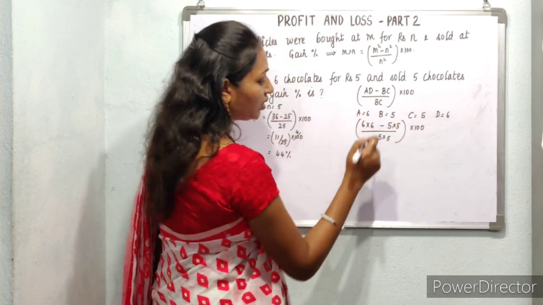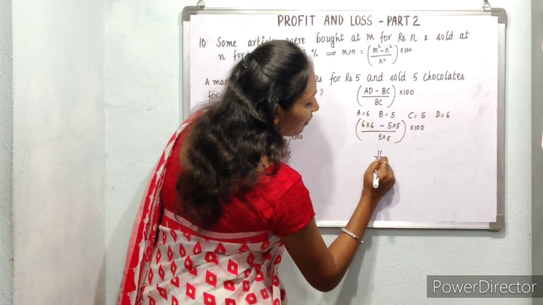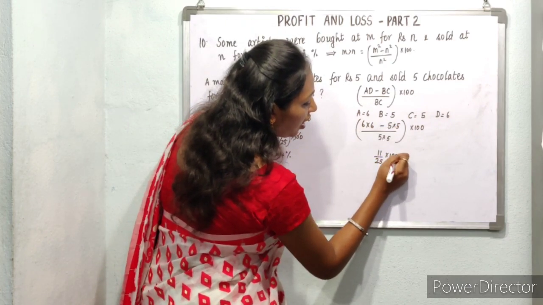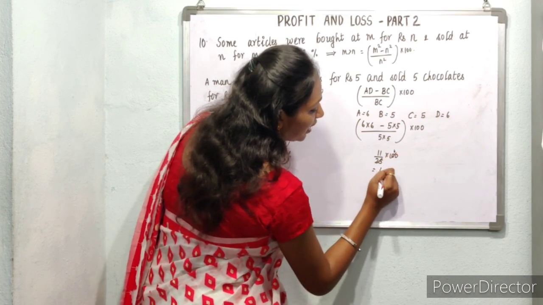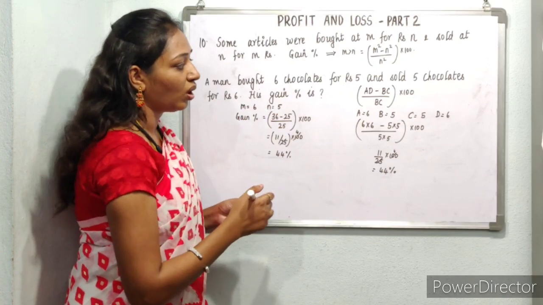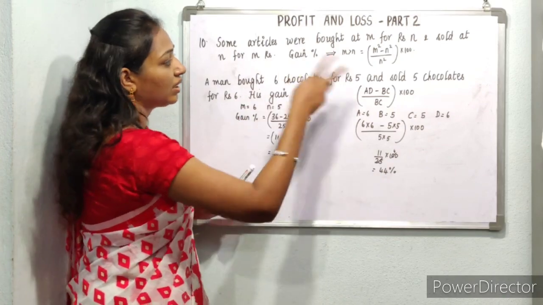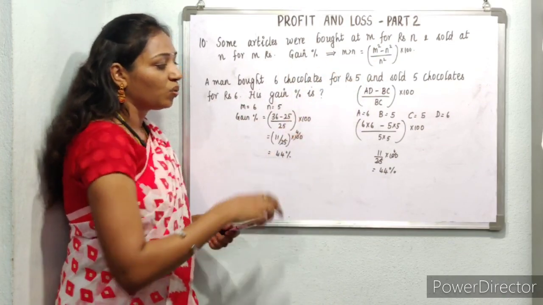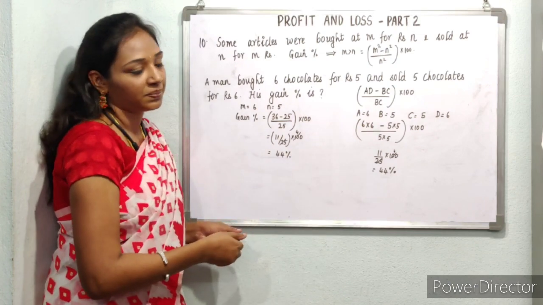So we have 36 minus 25, which is 11. 11 divided by 25 into 100. So when we solve it, we'll get 44%. Okay, so in both the methods you can solve. But the thing here is it's just becoming ulta, so it will be very easy when compared to that.